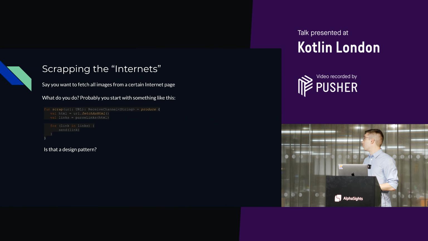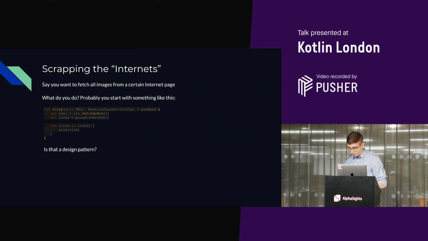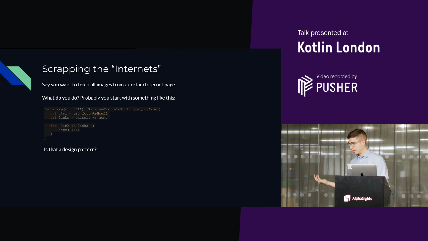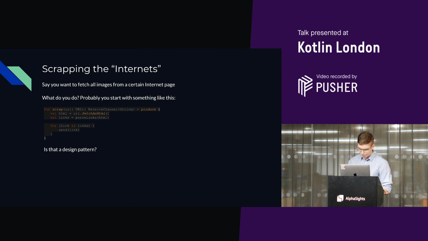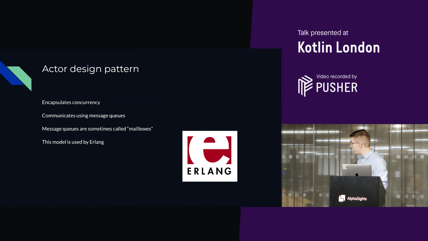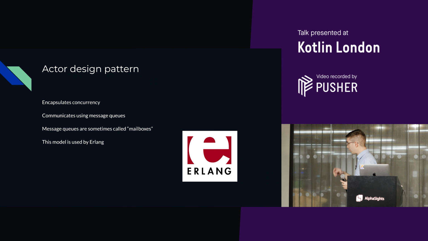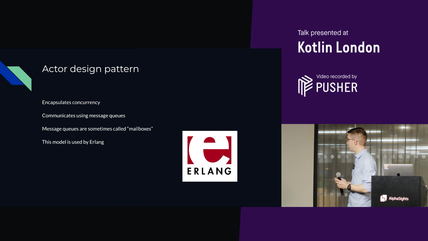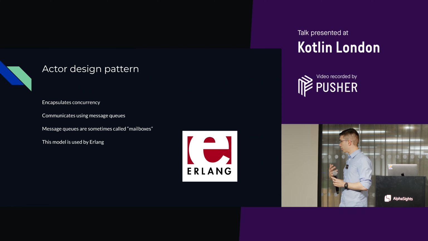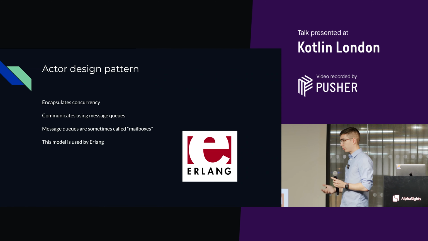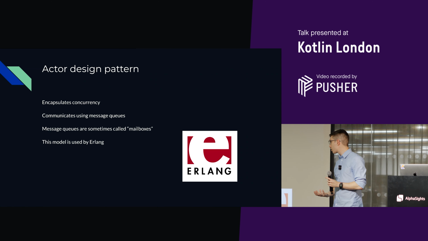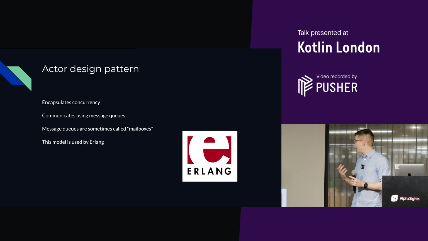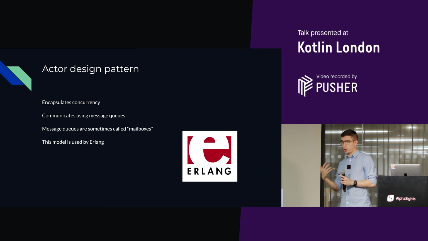And what design pattern is this? So you probably wrote something like this if you use Kotlin. And it's actually called actor. It has two goals: to encapsulate concurrency on one hand, so that's what a coroutine does in our case. And it communicates using message queues.